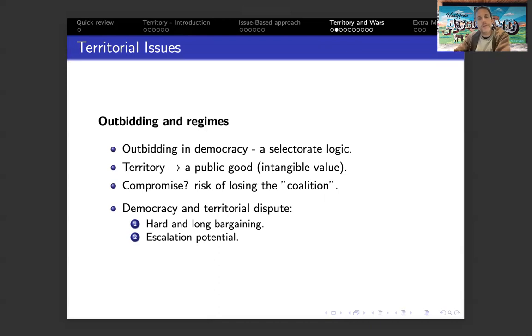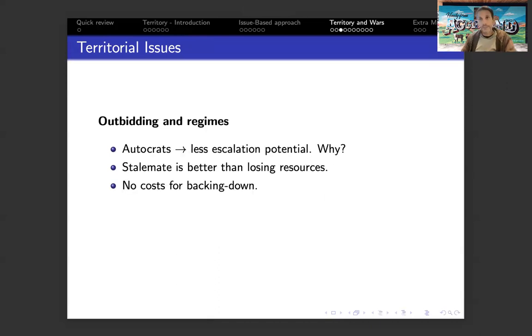Now, keeping up with the logic of selectorate theory and the different types of regimes and territories, for autocrats, private goods are the most important part in order to ensure their survival, right? They provide private goods to their small circle of supporters in order to ensure their survival.